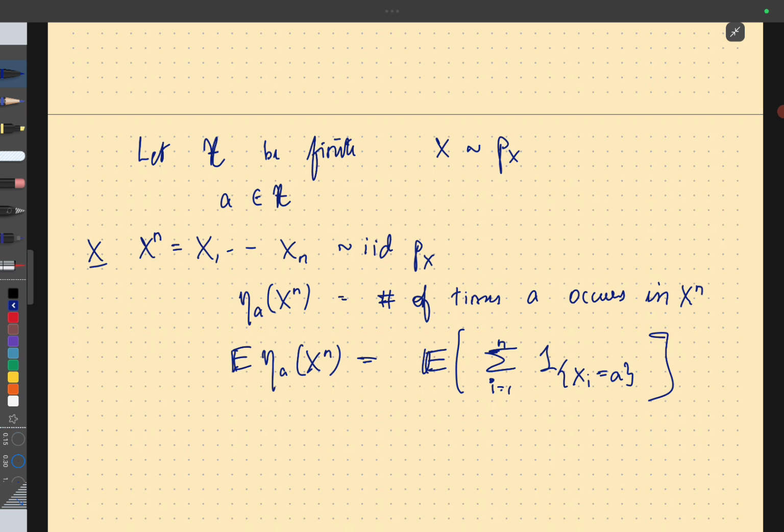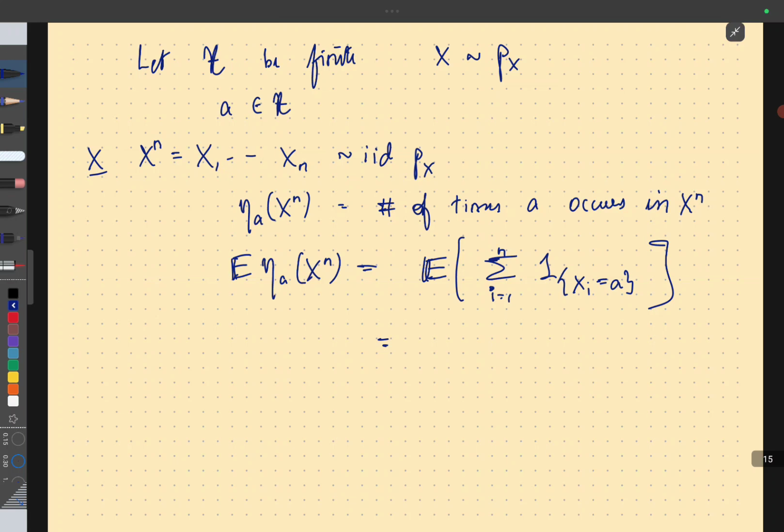Now, why is this particularly helpful? This is helpful because now I can use linearity of expectation. I can take the expectation inside the sum, and this is simply equal to summation i equal to 1 to n expectation of indicator that xi is equal to A, which is simply equal to summation i equal to 1 to n.